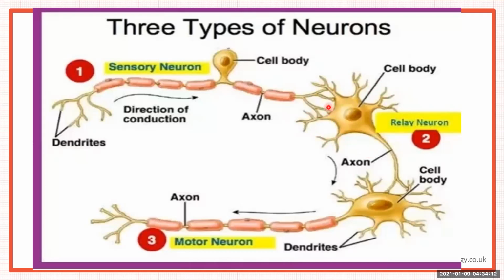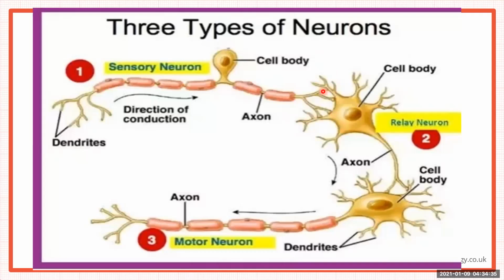So what happens here? Action potentials are generated through the neurotransmitters. It doesn't happen because of the opening of voltage gated channels, as it was happening here, where sodium was diffusing in and causing depolarization.